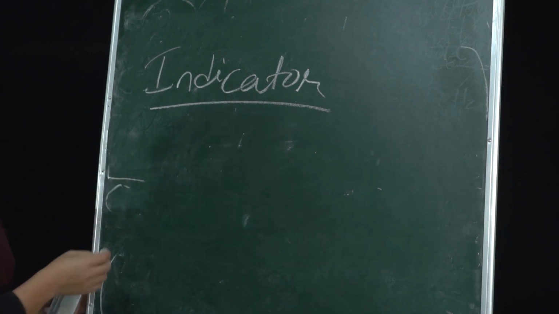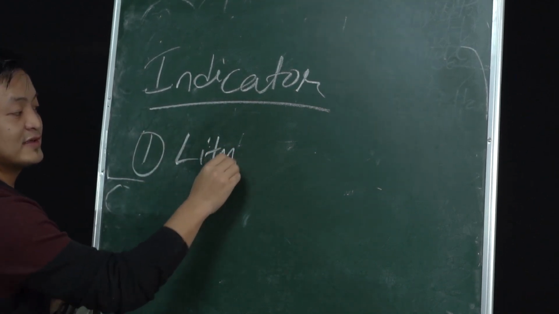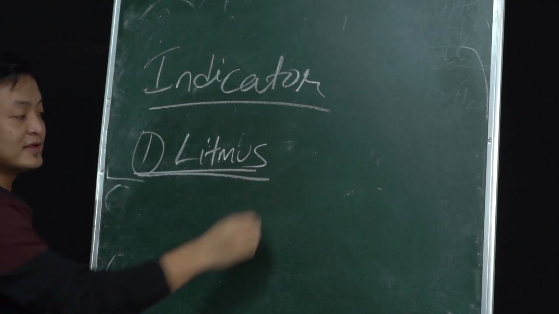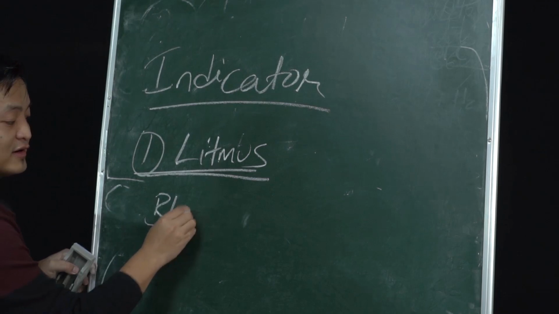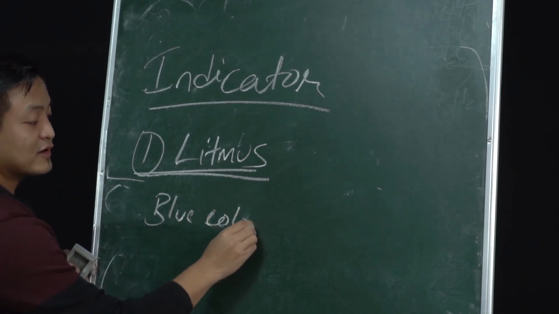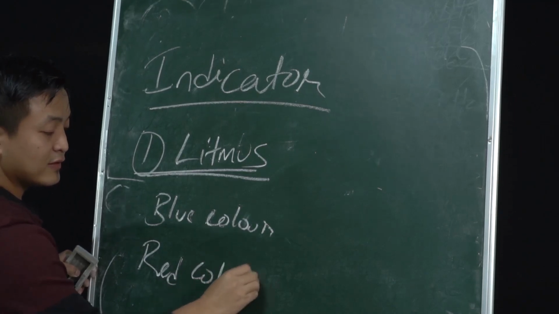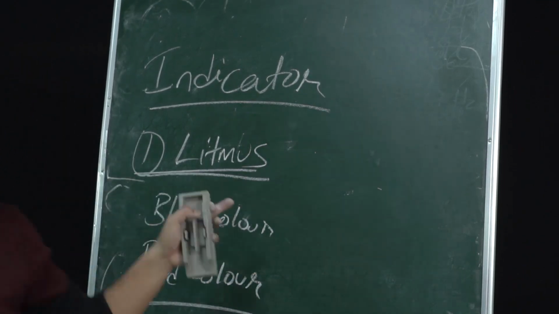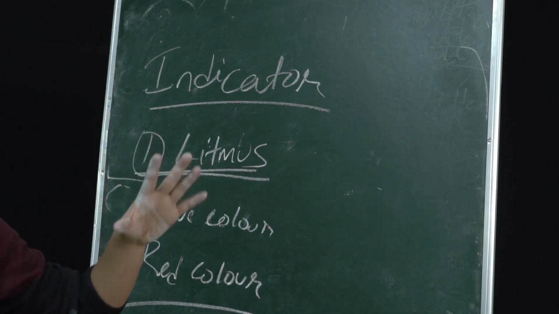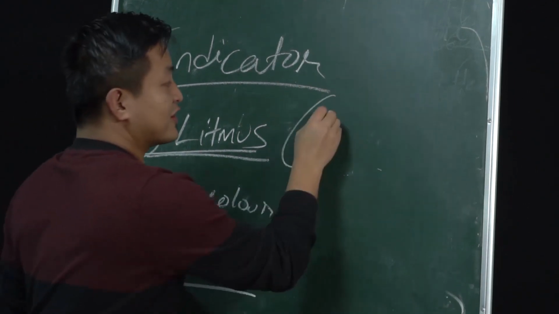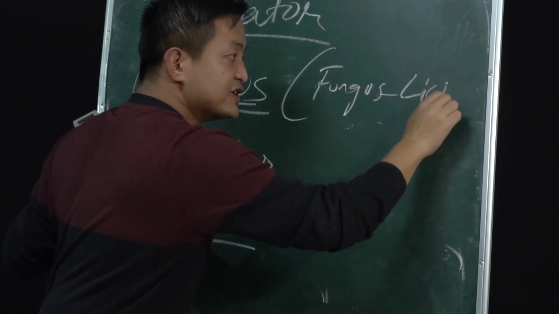So the first type of indicator, let's say litmus. Litmus you will get in blue color or in red color. From where do we get this litmus? We get litmus from a fungus named lichen, L-I-C-H-E-N.